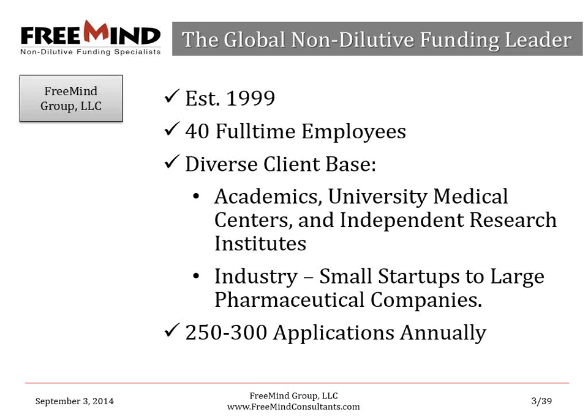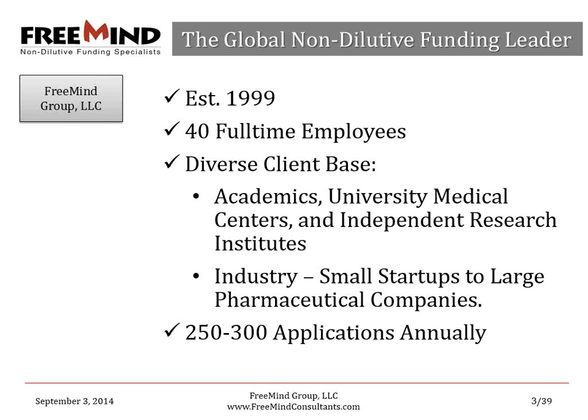We have 40 full-time employees, and we've been helping our clients in their quest for non-dilutive funding for almost 15 years. Free Mind files an average of 250 to 300 applications on behalf of our clients every year. That's a great deal of experience, knowledge, and expertise, which is all put to work for our clients in order to increase their chance of winning an award and to help our clients get the largest non-dilutive awards possible.